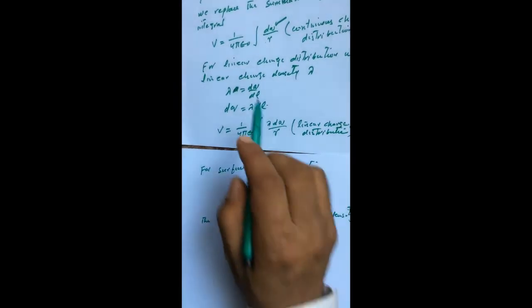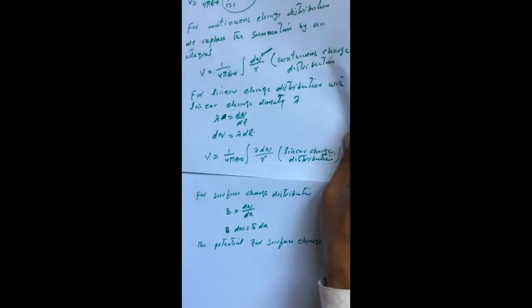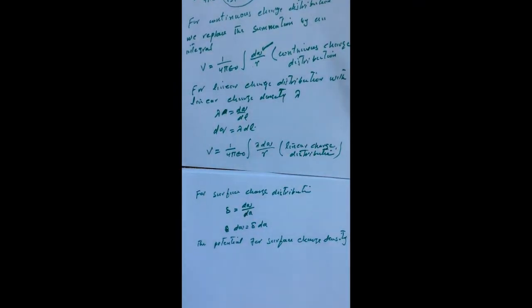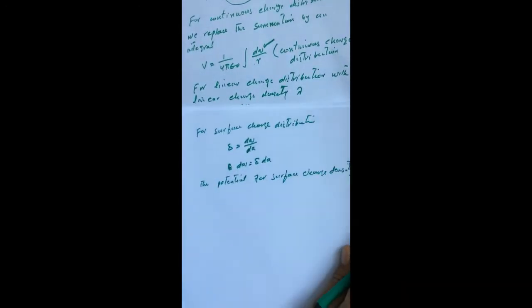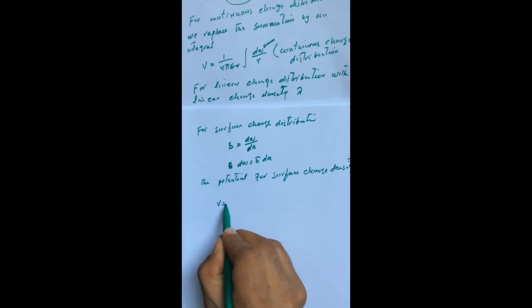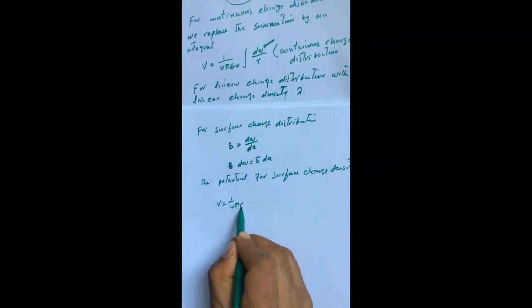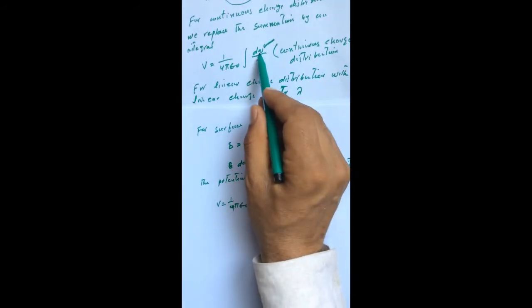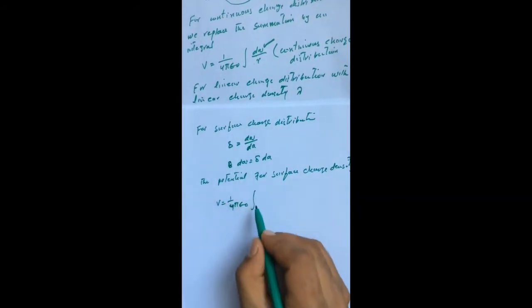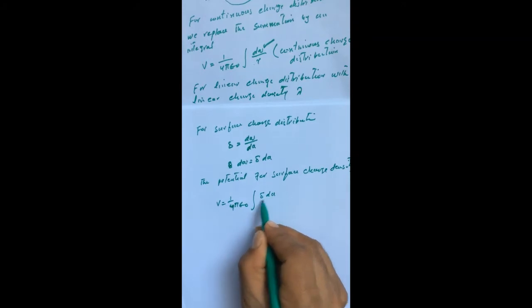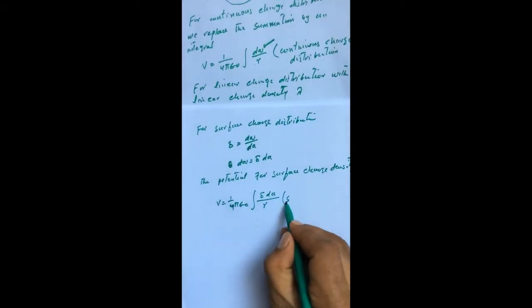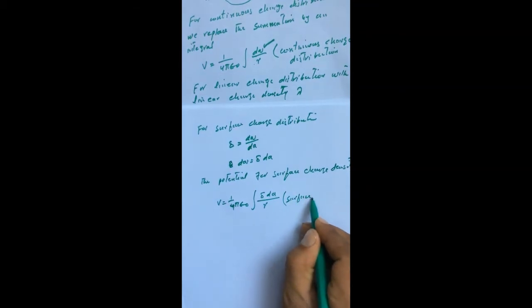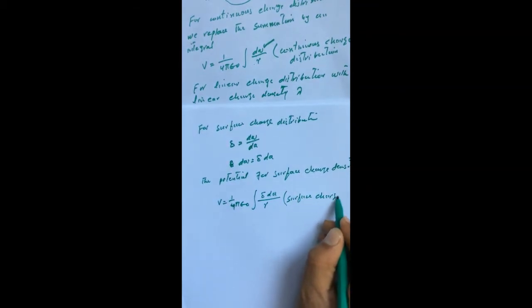This is the relation for the potential of an arbitrary charge distribution. So for the surface charge distribution, V is equal to 1 over 4 pi epsilon naught integral of sigma dA over r. This is for surface charge distribution.